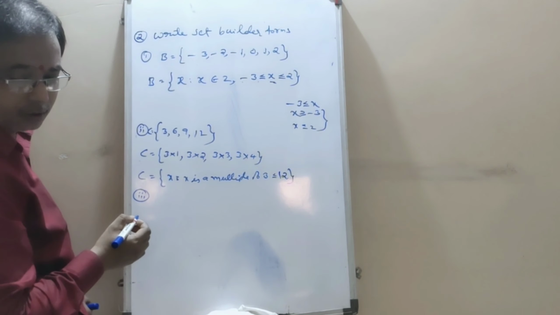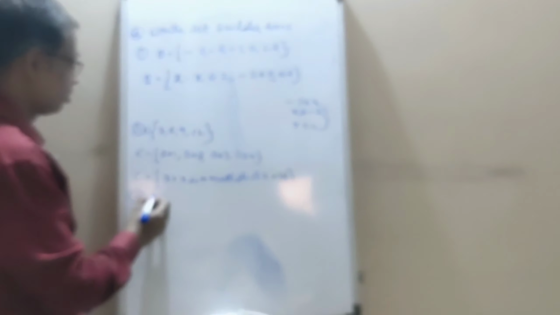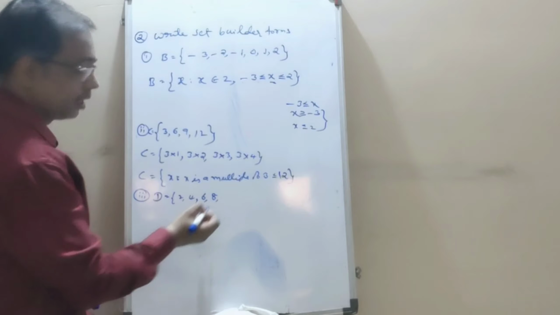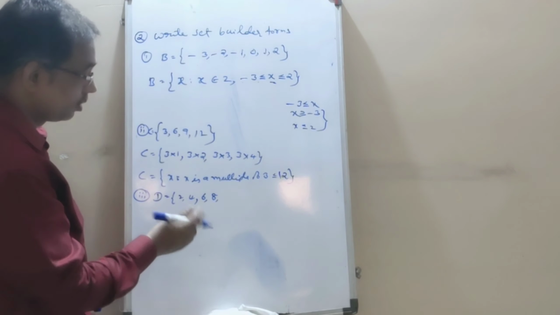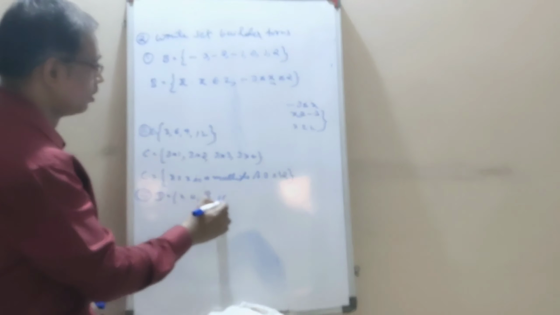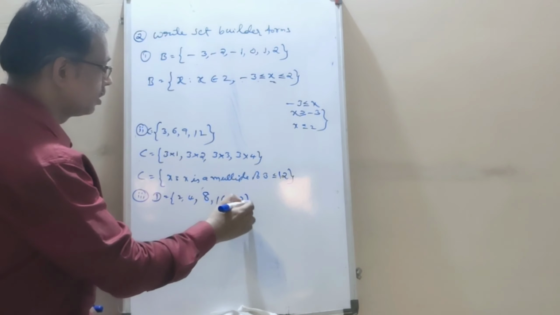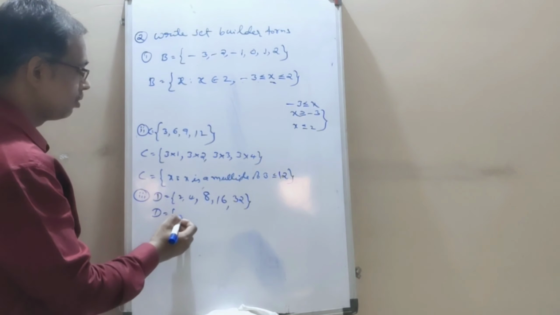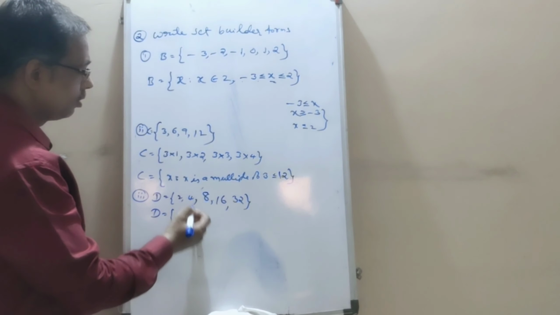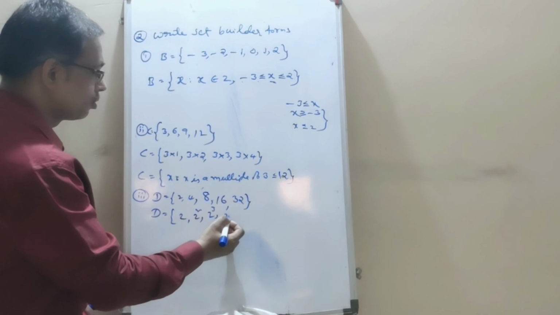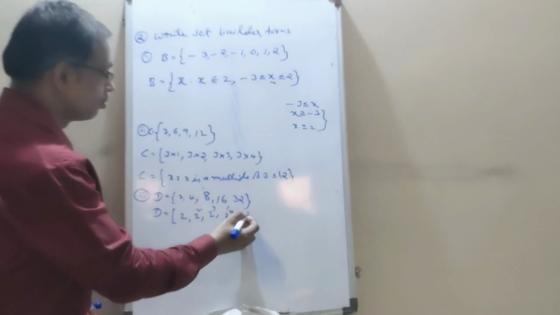Follow this: 2, 4, 8, 16, 32. By observing this, 2 is 2 to the power 1, 4 is 2 square, 8 is 2 cube, 16 is 2 to the power 4, and 32 is 2 to the power 5.